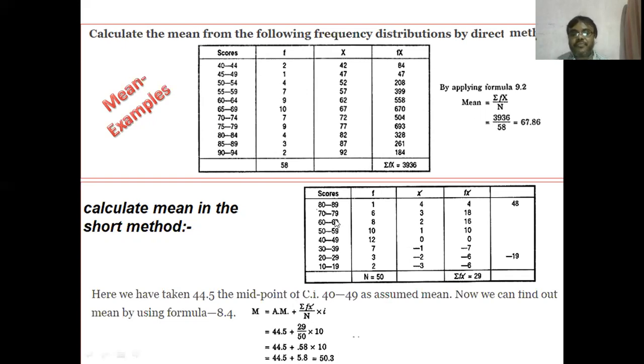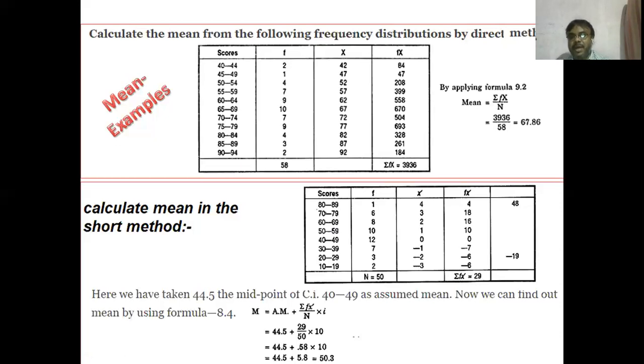If you carefully watch, 80 to 89, 70 to 79, these class intervals are not very well aligned, so we are making them align in this manner. How are we computing this x dash?